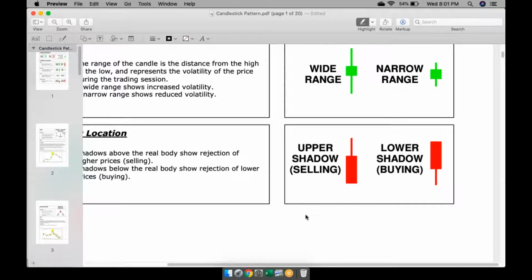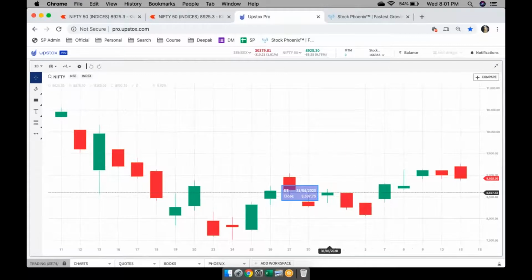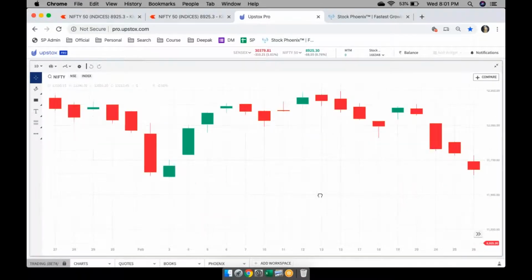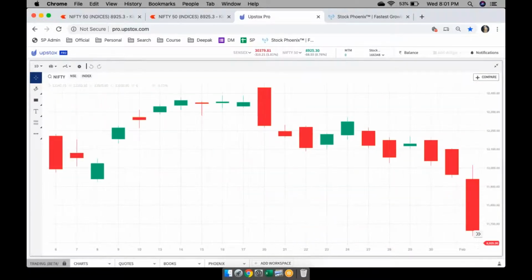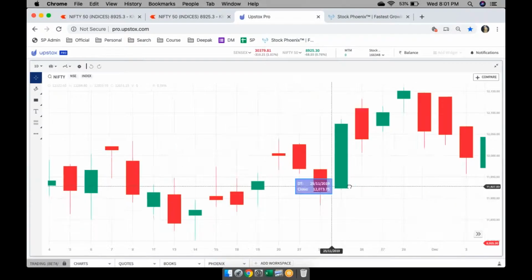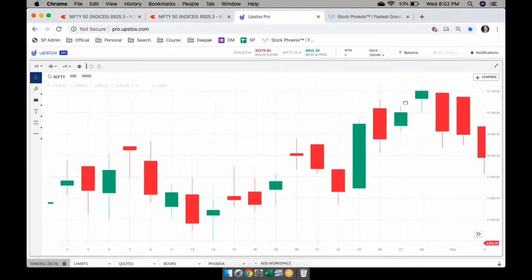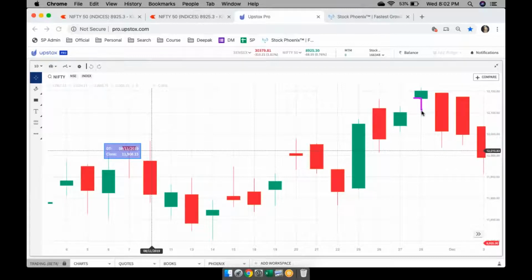Explain shadow for green candle. You can see here, market opened, went down completely, and after that it went up and closed here.